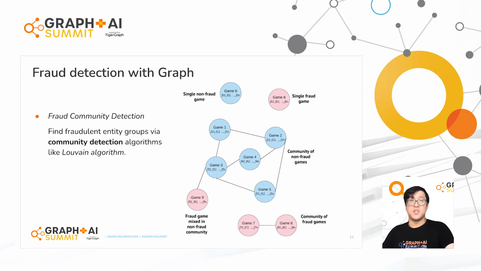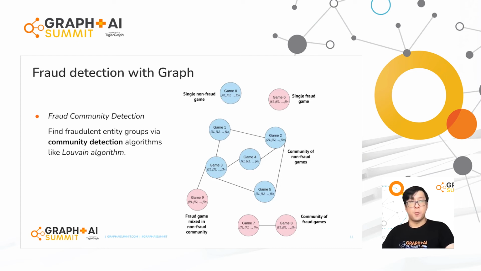What is easy to detect is isolated orphan nodes of non-fraud and fraud entities, and also a small cluster or community of fraudulent games. That's what we're doing in fraud community detection, in which we try to find fraudulent entity groups via community detection algorithms, like the Louvain algorithm and some others.